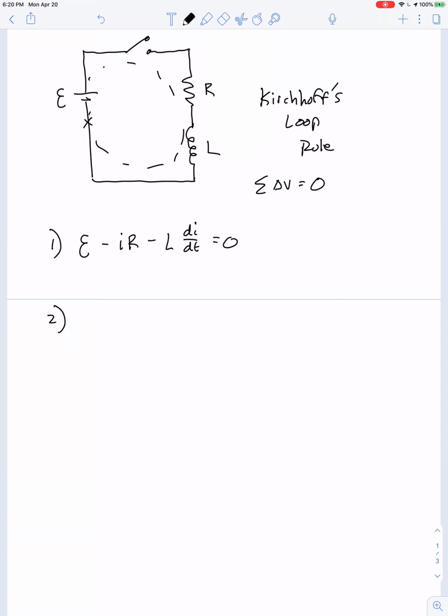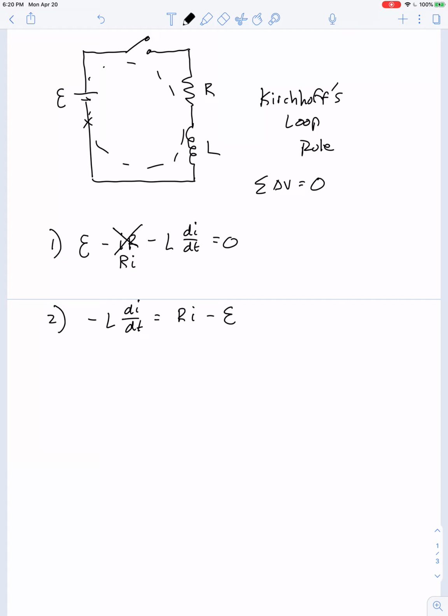So now it's just some algebra and rearranging from here. It looks like negative L di/dt is equal to, let me express this another way. Instead of IR, I'll call it RI. So this is equal to RI minus EMF.